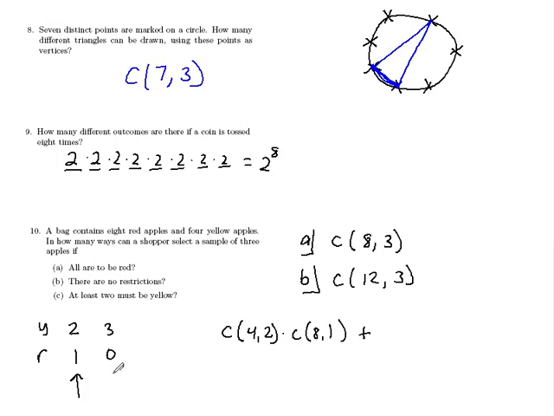Plus, now do 3 yellow: 4 choose 3 times a combination 8 choose 0. Now the 8 choose 0 is not necessary because anything choose 0 is 1, and this is being multiplied together.